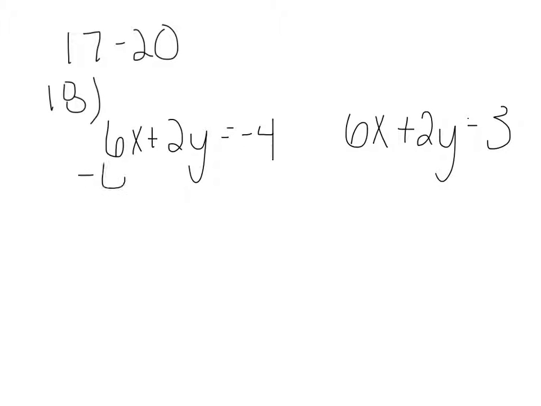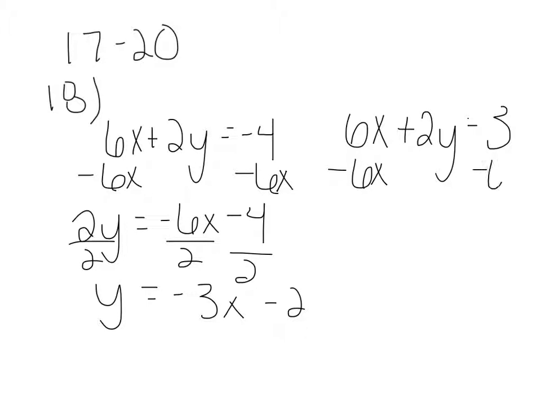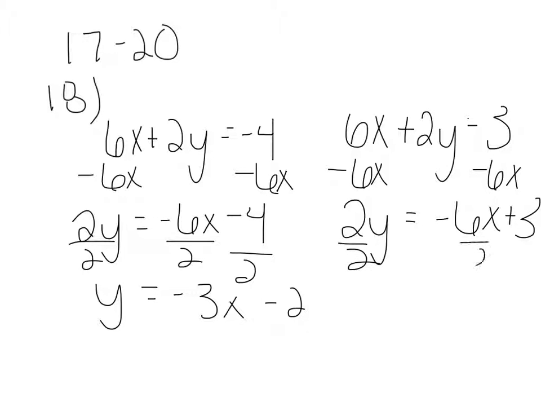So then on this one, subtract 6x. So I have 2y is equal to -6x minus 4. Divide each term, and I get y is equal to -3x minus 2. On this one on the right, I'm going to do the same thing, first subtract 6x, and then I have 2y is equal to -6x plus 3, divide by 2, and y is equal to -3x plus 3 over 2.